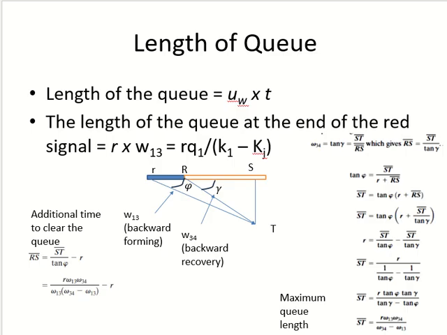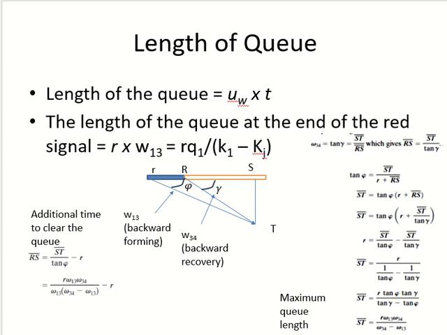Now, if you look at this triangle, this is my base, this is my perpendicular for this angle. So tangent theta is perpendicular upon base. For this other triangle, again, this is my angle, this is my base, this is my perpendicular.